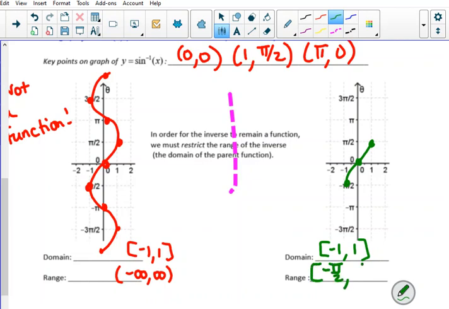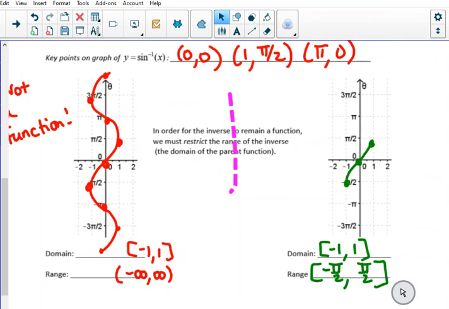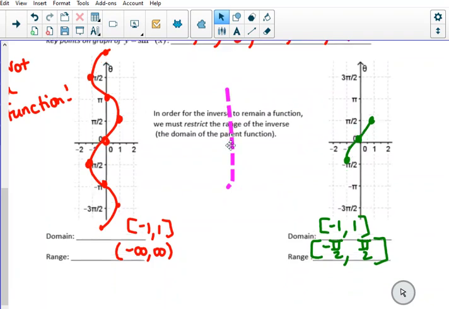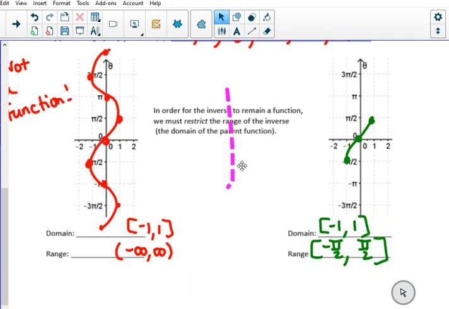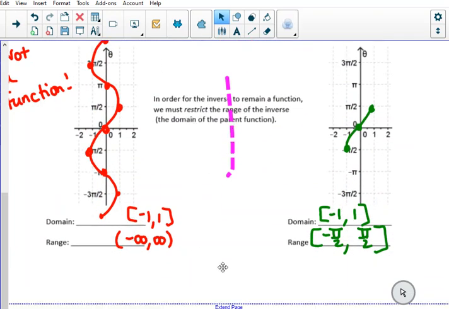Negative pi over 2 to pi over 2 is my restricted range for the inverse sine. Clearly I'm just as much of a geek when I do this at home. Now, other than my little squiggle there, we're passing our vertical line test, which means every input will have exactly one output.